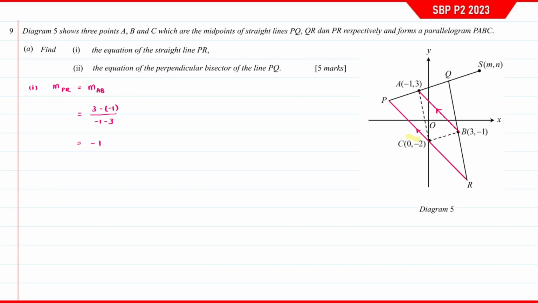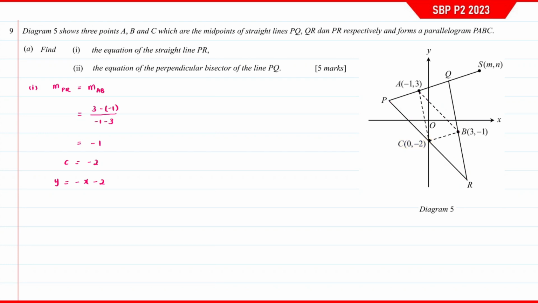Based on the diagram, the y-intercept of the straight line PR is negative 2, so we already have the c of PR. Then the equation of the straight line PR will be y equal to negative x minus 2.